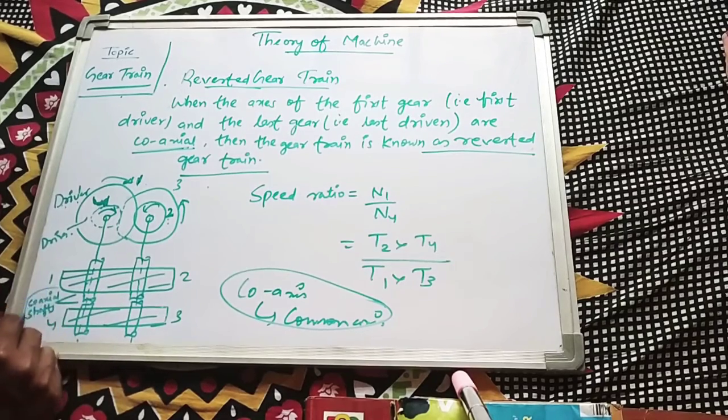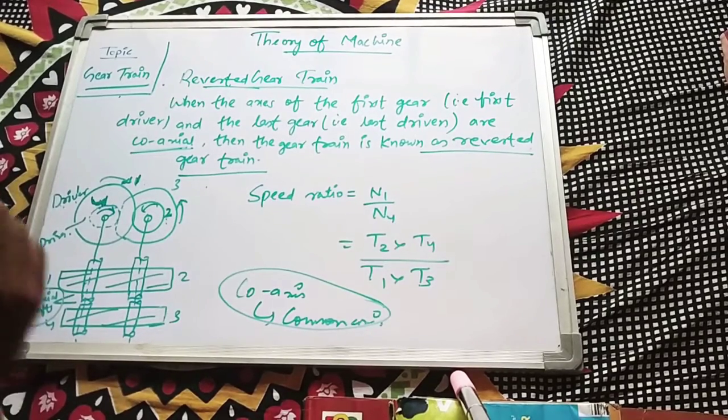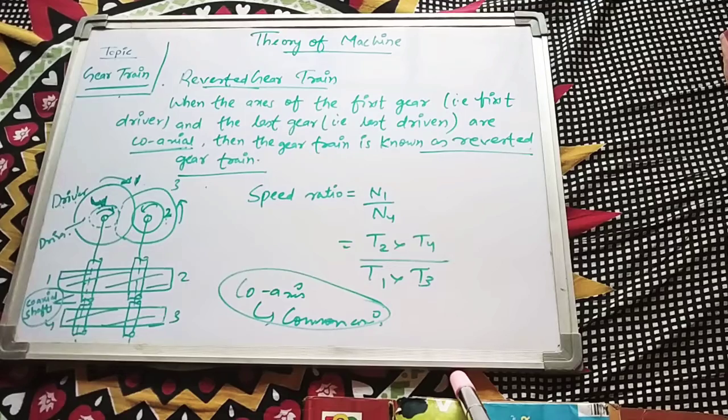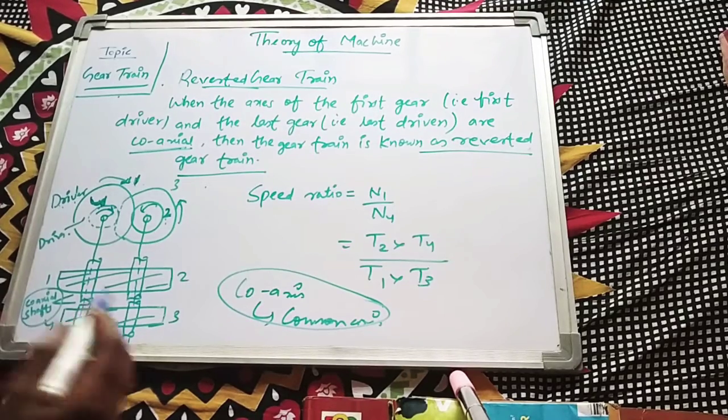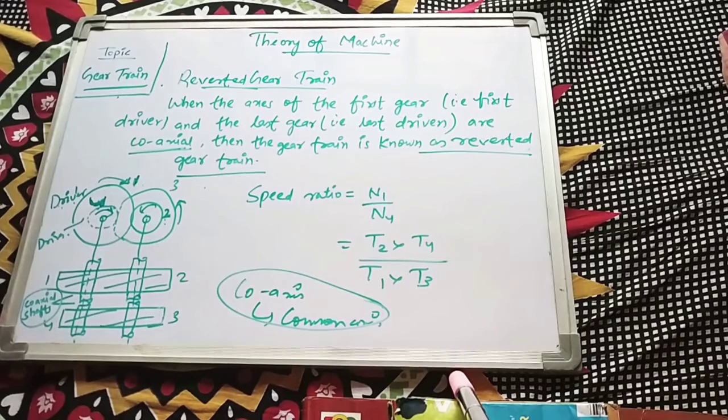that is, a coaxial shaft. This type of arrangement is known as a reverted gear train, where the first driver pulley and the last driven pulley are both connected with a common shaft.